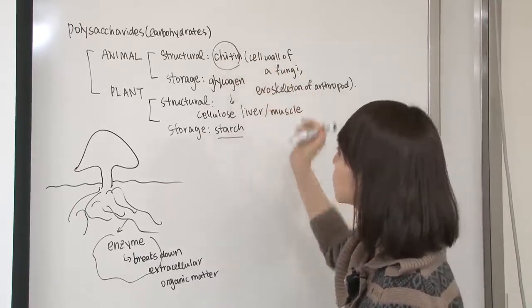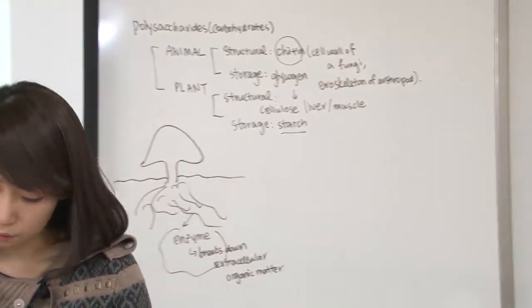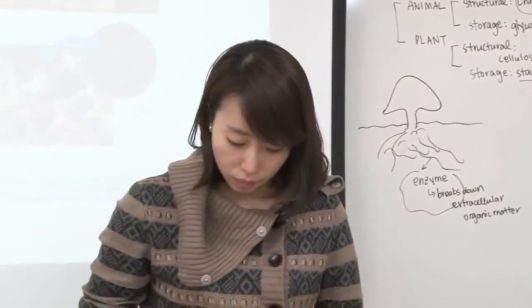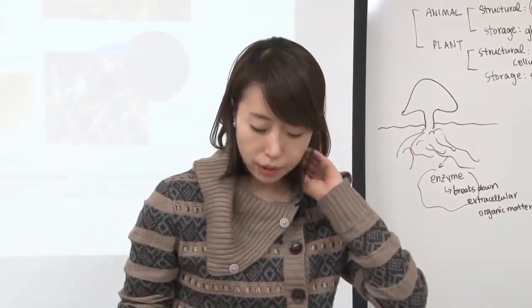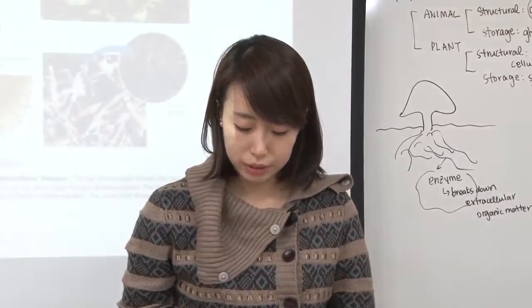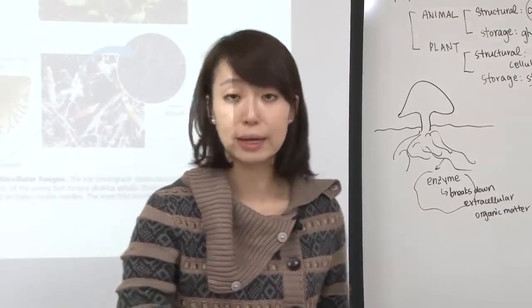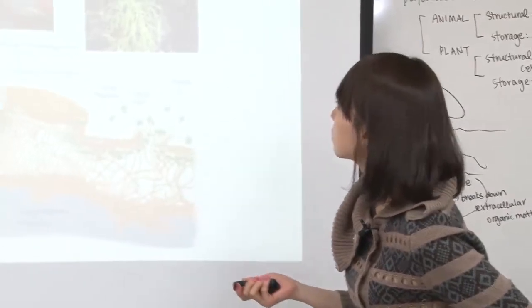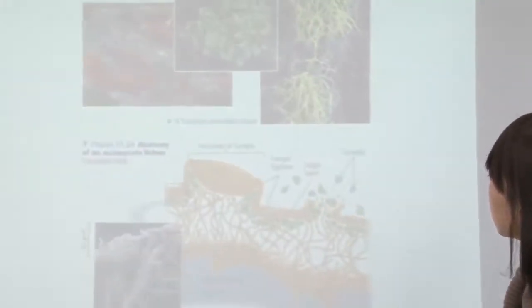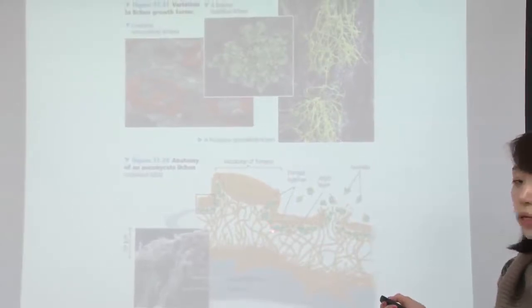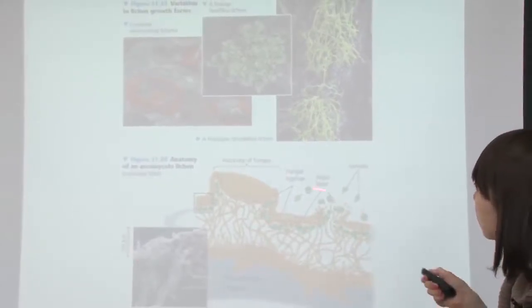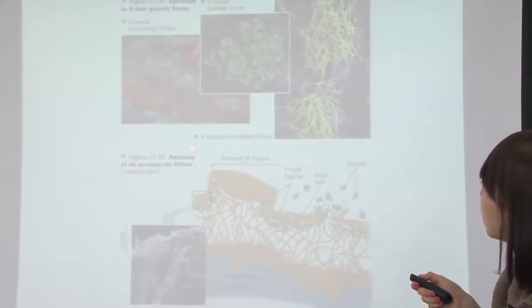So chitin is the cell wall component of the fungi. Certain fungi combine with algae in a mutualistic symbiotic relationship, forming various lichens, which are photosynthetic. Lichens are very special organisms that look like this. If you look closely at the bottom picture, this is the anatomy of the lichen.